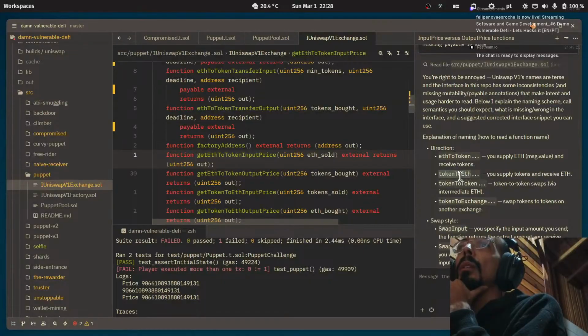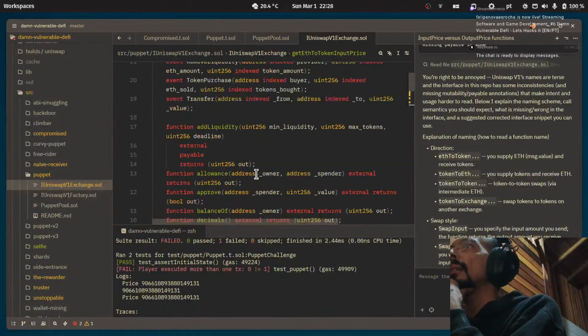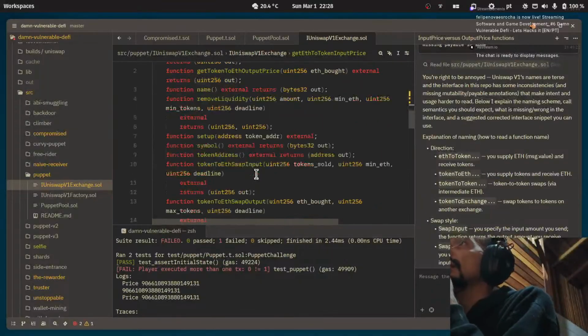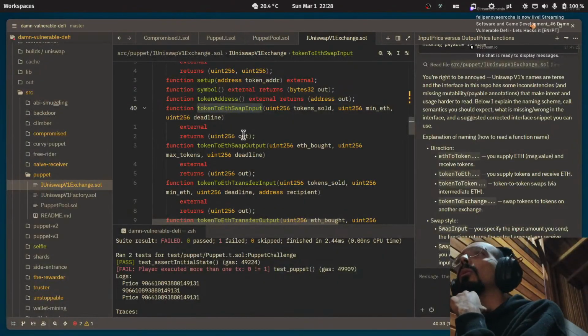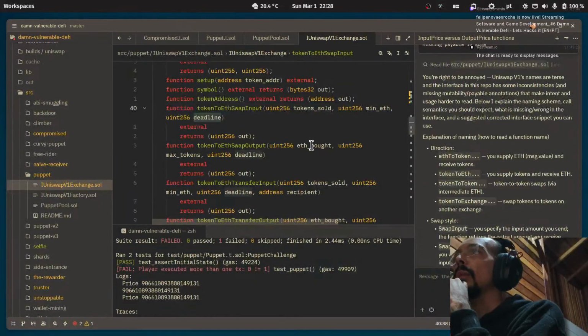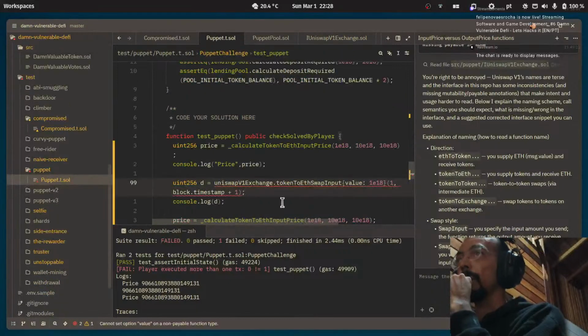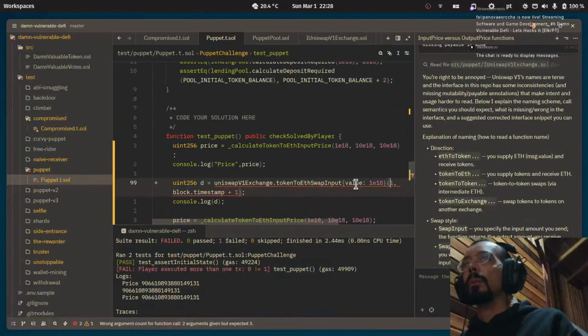Then token to Ethereum, you supply tokens and receive Ethereum. Okay, but I cannot find this. Oh, no, I can't. Yeah, so that's the one I want to use: token sold, minimum Ethereum, deadline. So it's gonna be missing one variable.